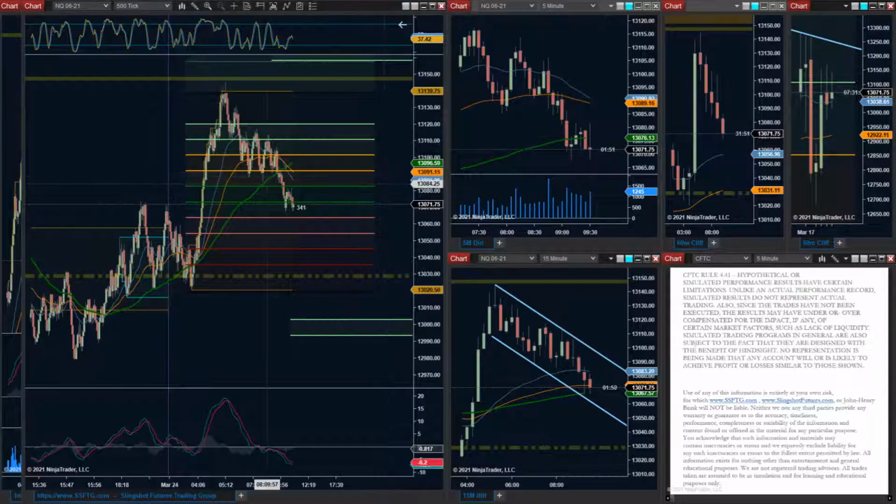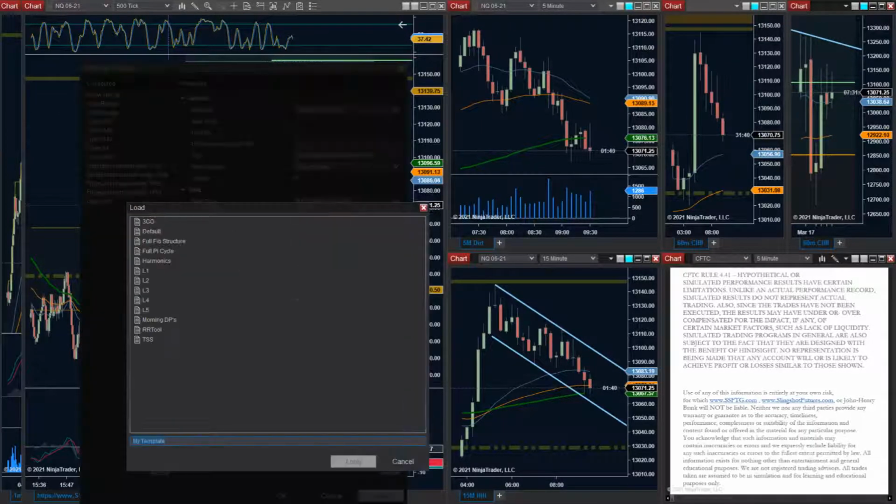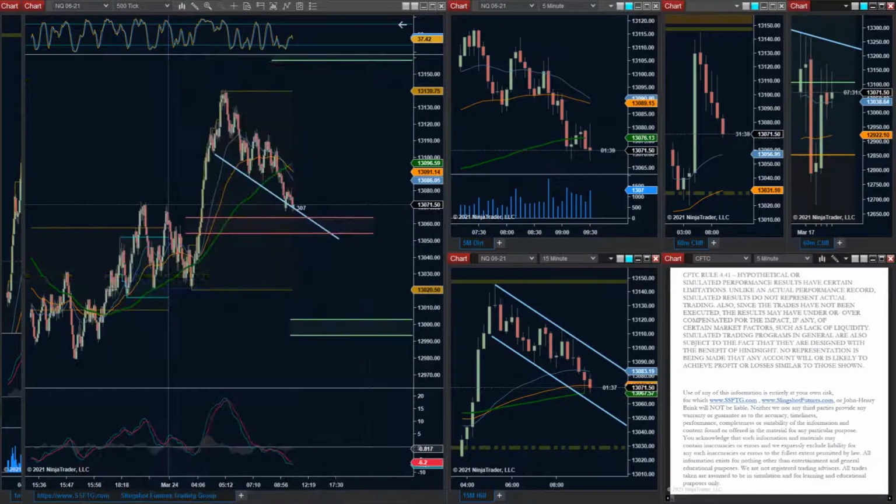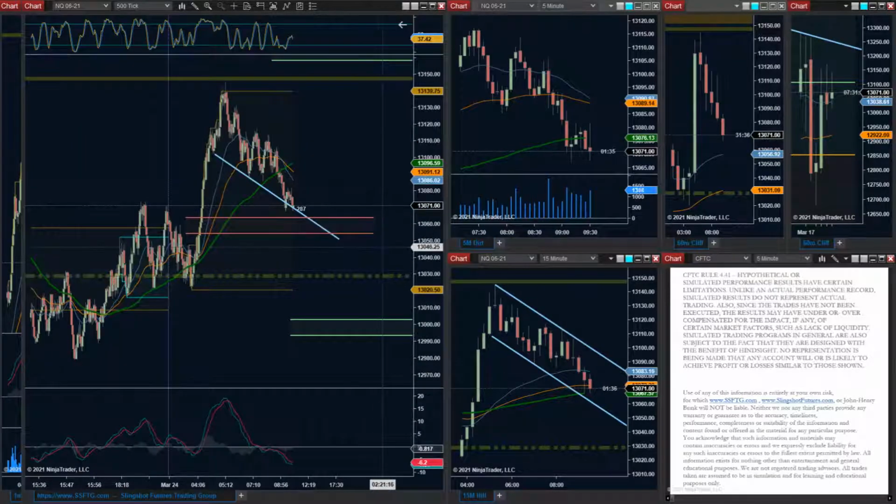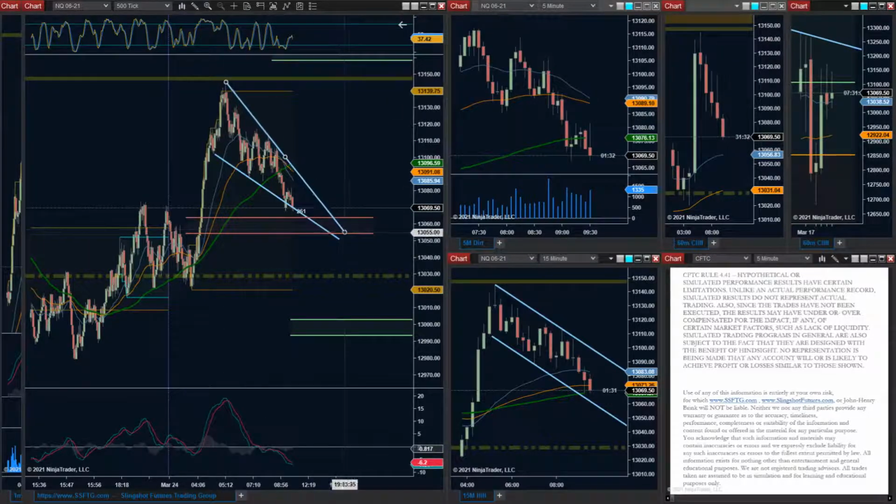Still haven't quite made it down to that L4 area. But man, they are digging into a wedge low here really, really nicely. I'm going to keep an eye on the L4 specifically here. I haven't quite gotten it yet. Look at this wedge.